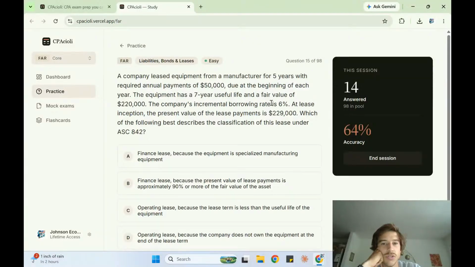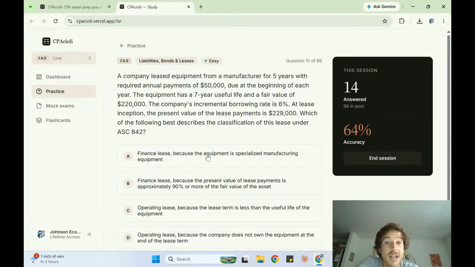7-year useful life, fair value of 220,000. Company's incremental borrowing rate is 6%. Present value of lease payments is 229,000. Okay, same concept here. Let's see, fair value, present value.